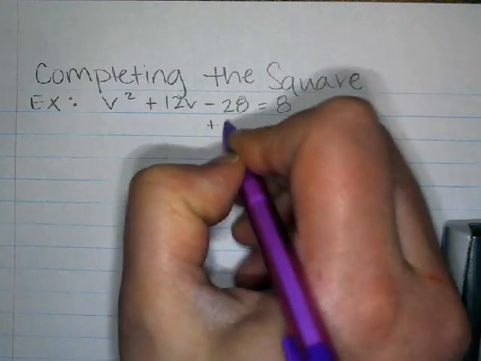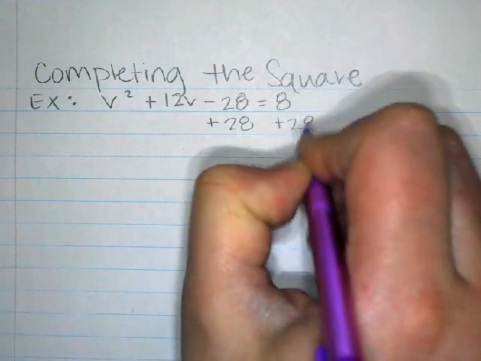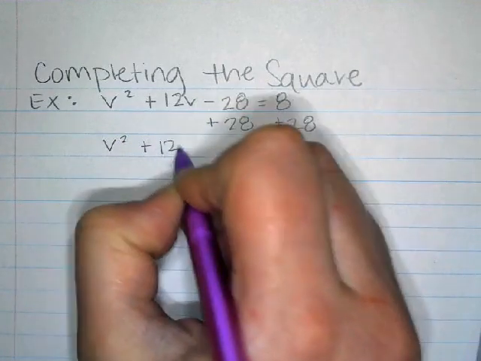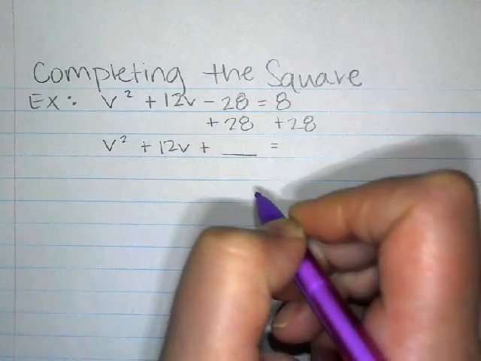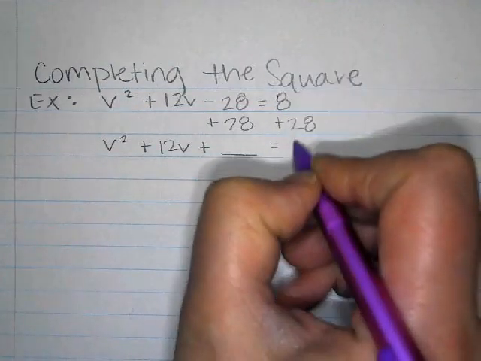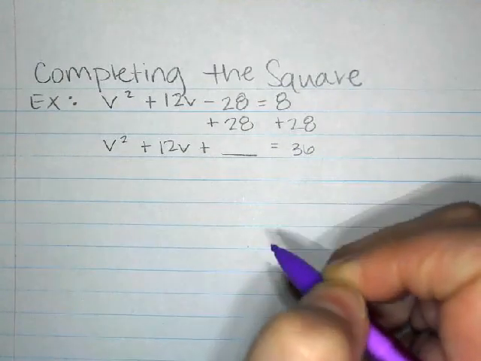So first step is to take the constant on the end and move it over. So I've got v squared plus 12v, I leave a blank, equals, and then what's 28 plus 8? 36, okay. And then what should I do?